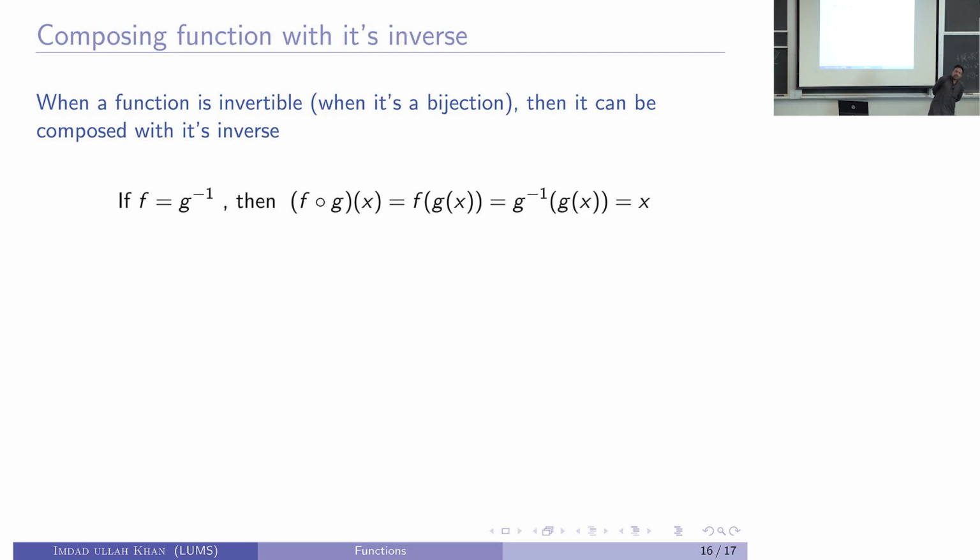You have to be careful with that thing. Those restrictions will always apply if you are composing a function with itself, right? That's one thing. Would we always be able to compose a function with its inverse?